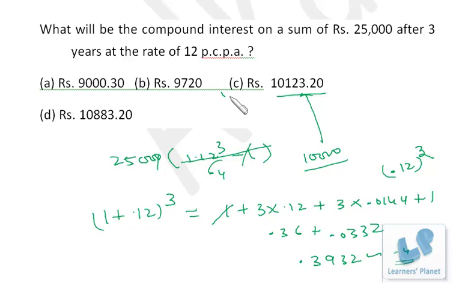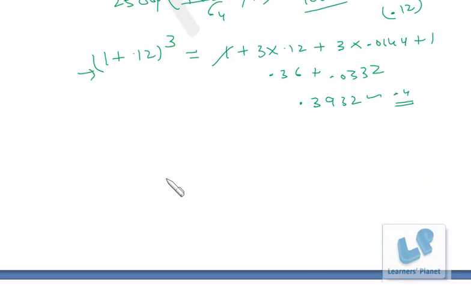So that is called the approximation method to find out the compound interest, right? You can practice with this method because you'll be able to save a lot of time. What I told you is, instead of writing it separately, you directly write this expression in the exam. I just show you 25,000 and your calculation is 1.12 whole cube minus 1, right?